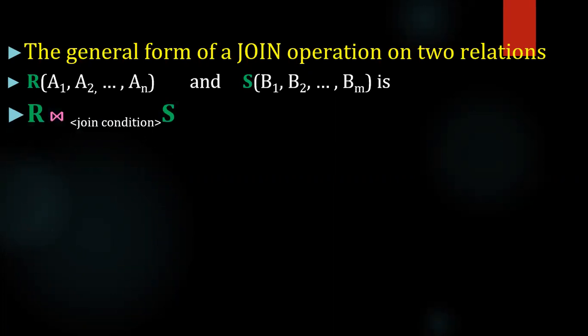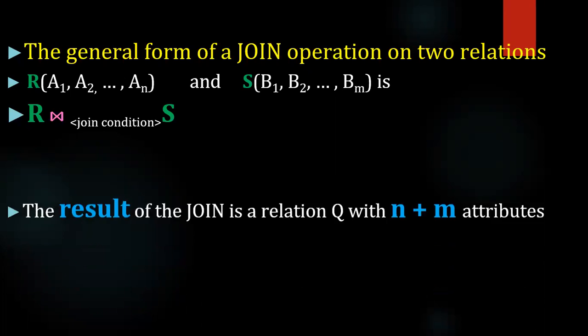It is denoted by relation R, then the join operator, then the join condition, then the second relation S. Here we are joining relation R with relation S with some join condition. This is the general representation of joining of two relations.